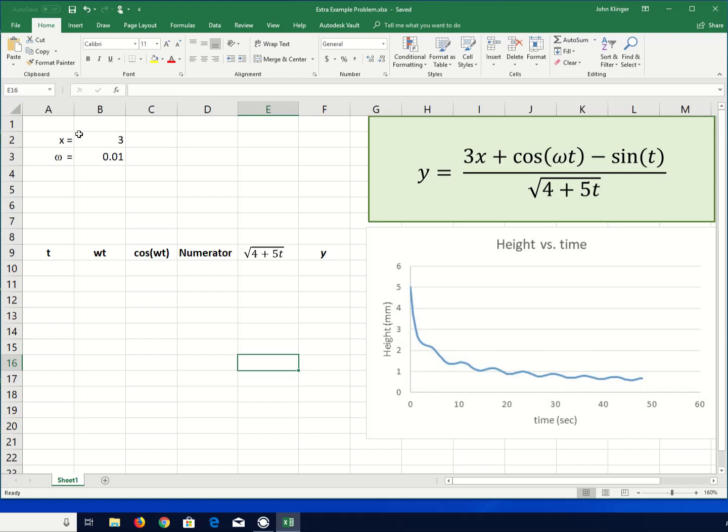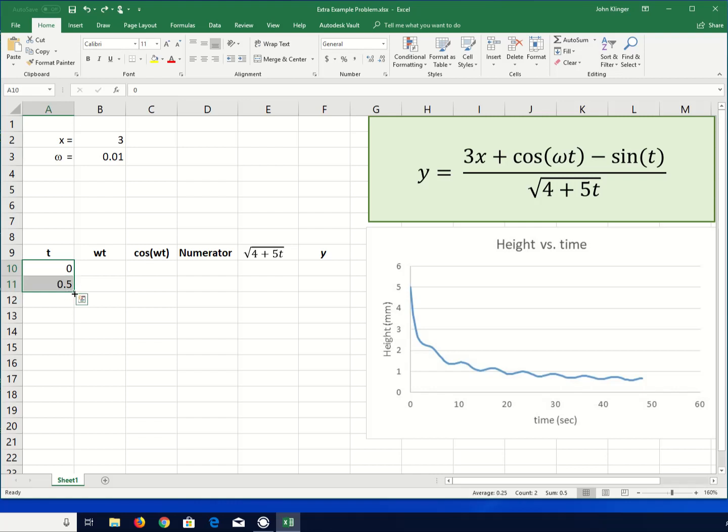I have set up the table on how we're going to look at this. We have our value of x, and it's set at 3. It's some constant value that we have, and so is omega. So what we want to do is set up our table, and we want to look at our table from time 0 in half a second increments up to, let's just say, 50 seconds.